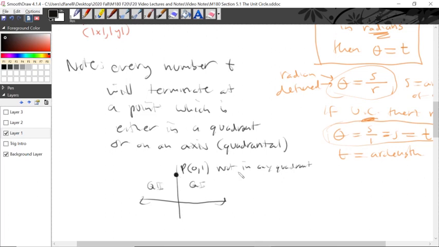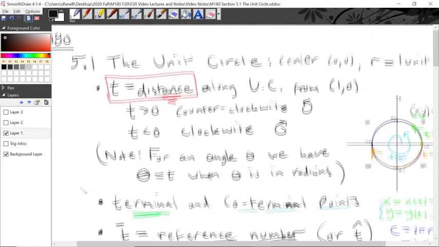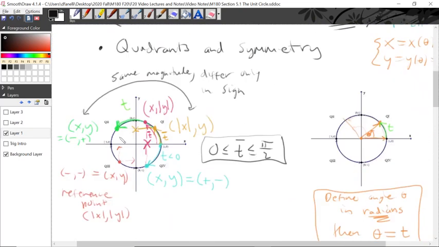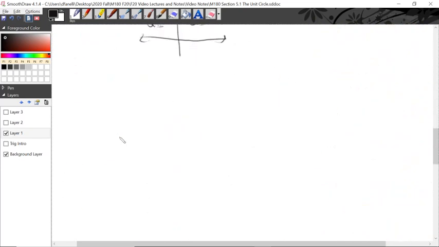We say instead it is on the positive y-axis, and we can also call the input that got us there quadrantal. So using this geometry of the unit circle, let's practice with some exercises.